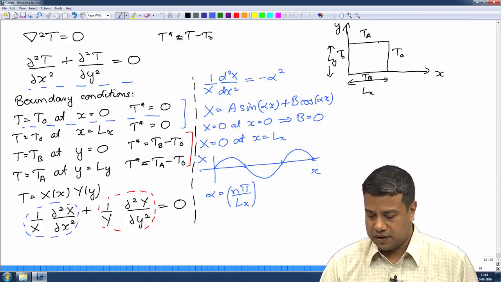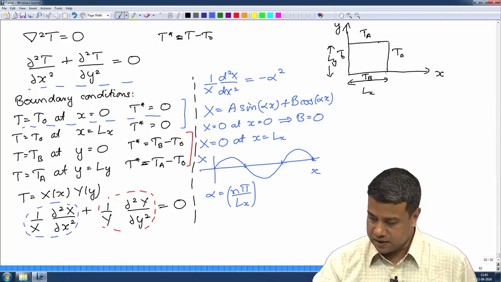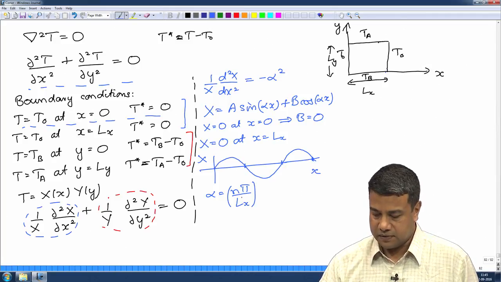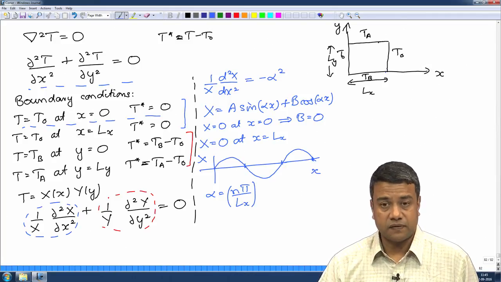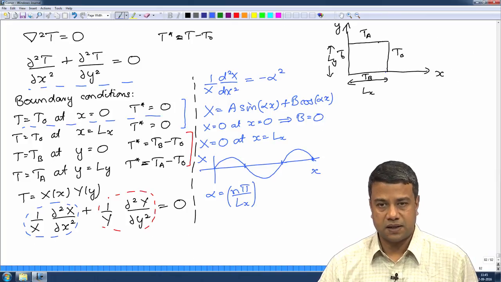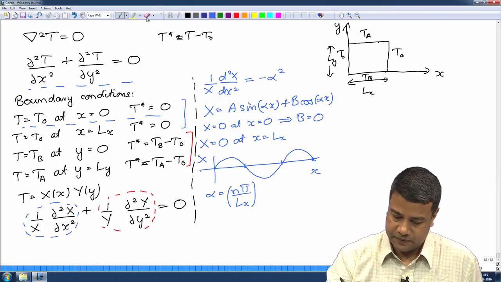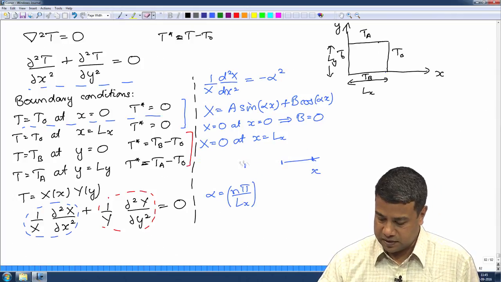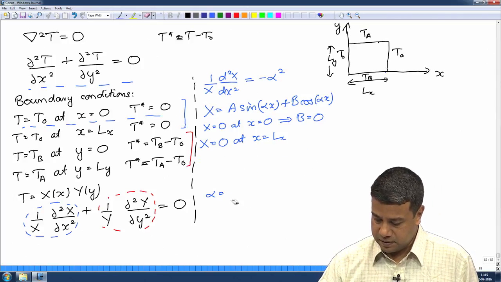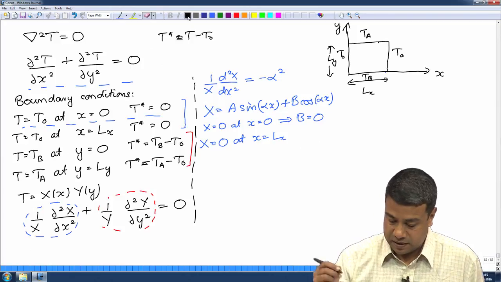You can see that when alpha is equal to n pi by Lx, when x is equal to Lx, you have sine of n pi and that is 0. So this is a valid solution, a sine function. It decreases to 0 on both the left and the right faces. So it satisfies both boundary conditions, where n has to be an integer.